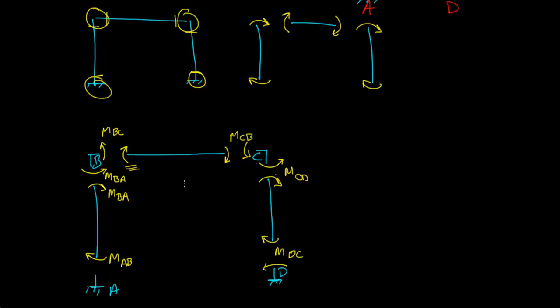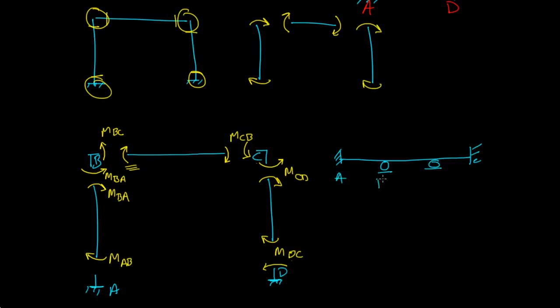Okay, so whenever you have a beam or a frame, these are the sign conventions used for the members and the joints. Now, if you had a beam, and it was fixed here, fixed here, there was a roller here, and a roller here.